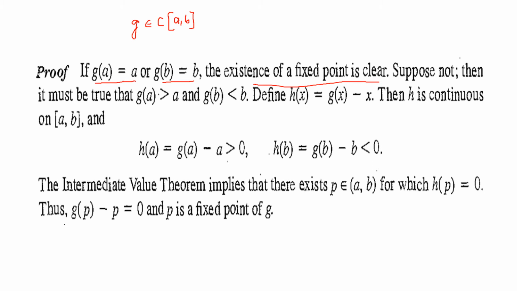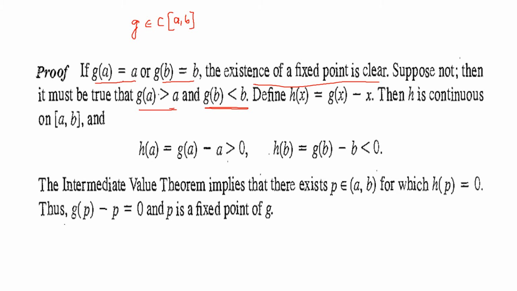But if there is no one possibility, then we see if g(a) is not equal to a, then g(a) is greater than a. And g(b) is not equal to b, then g(b) will be less than b, because g(x) belongs to [a,b] for all x belonging to [a,b].